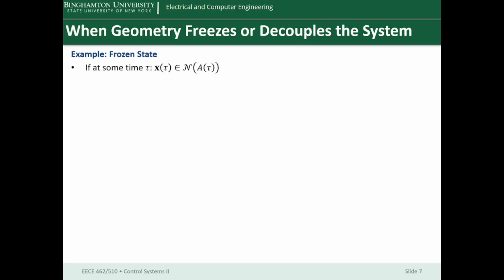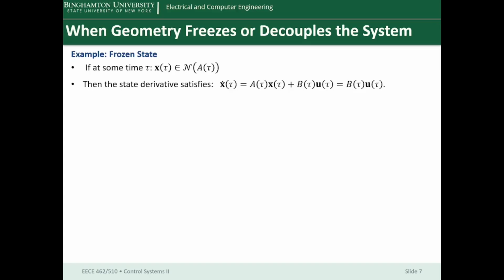Imagine your system is operating normally, and at a specific moment in time, let's call it tau, the state vector x(tau) happens to lie perfectly in the null space of matrix A. Remember, A governs the system's internal dynamics, how it evolves on its own without external input. By definition, if A(tau) x(tau) equals 0, then the internal term that defines the system's evolution vanishes.